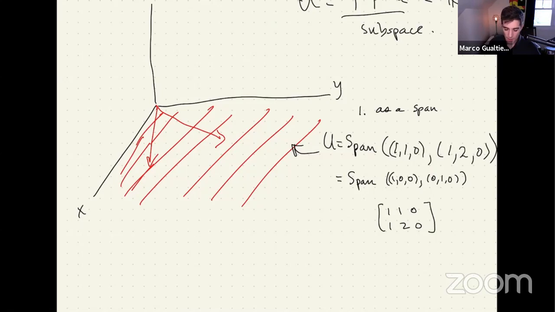Okay, and you could say, well, you made a kind of boneheaded choice. You should have entered into the computer instead this, because the span is the same. So this means that when we specify a subspace by giving this data, we need to understand when the results are the same.